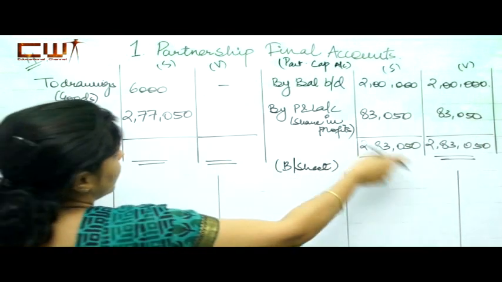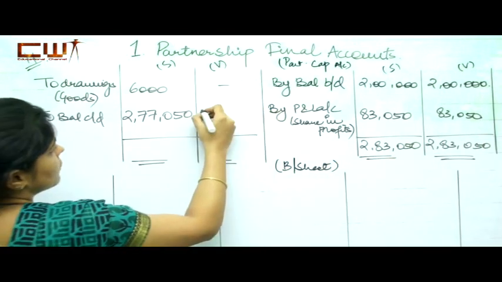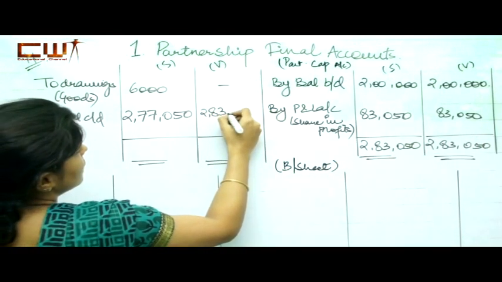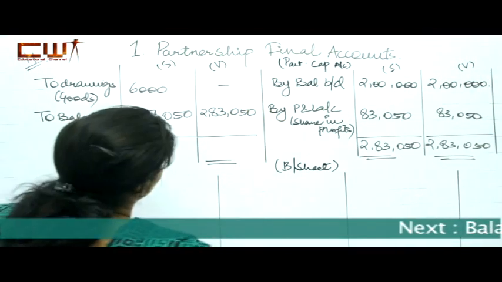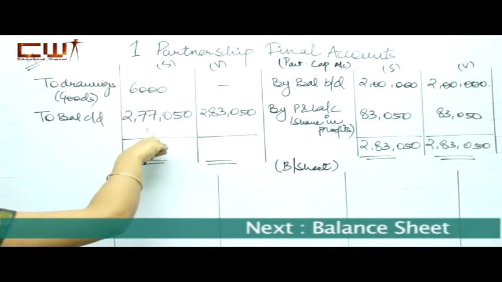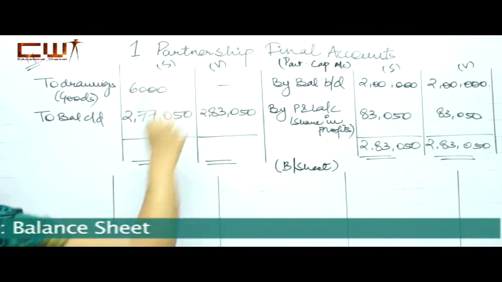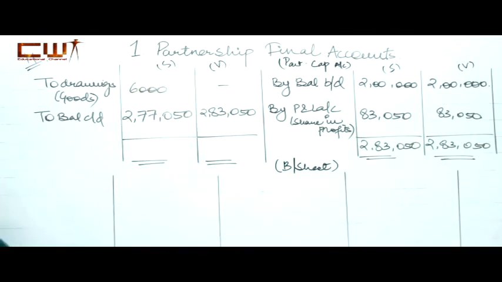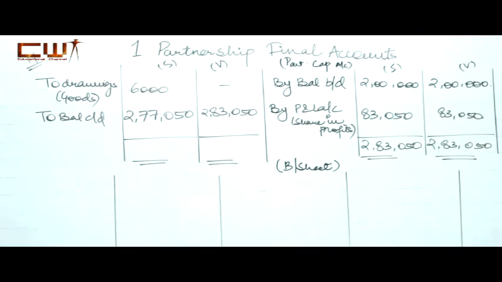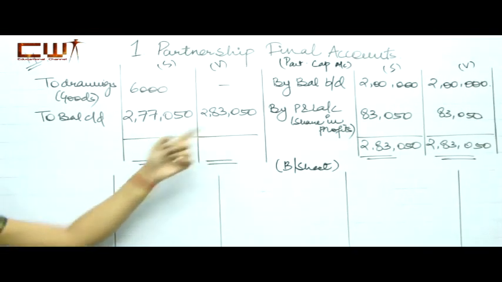And for Vaibhav, there is no deduction, so it will be 2,83,050. Now you have 2,77,050 as the new capital for Santosh and 2,83,050 as the new capital for Vaibhav. So when you prepare the balance sheet, you will not mention the capital figures given to you in the question, but you will take these two capitals.